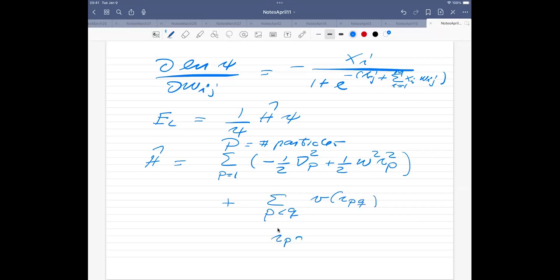This r_pq is simply the relative distance between two vectors. And I'm using natural units, so that means I'm putting ħ equal c equal the charge equal the mass of the particles, everything equal to one.